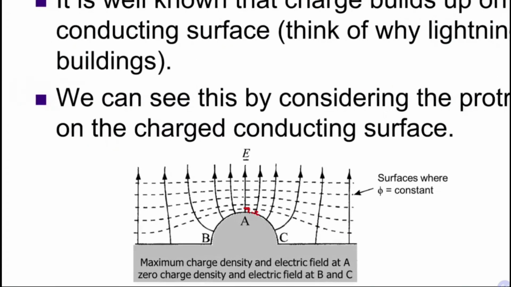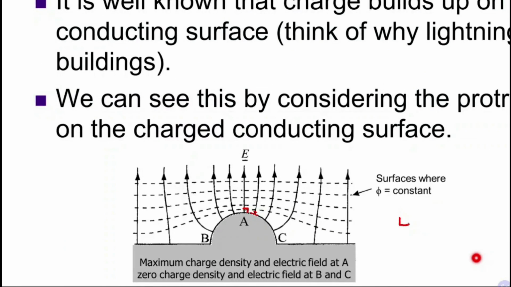And our electric field on a conducting surface will be equal to the charge density over epsilon naught. From this diagram you can tell that the electric field is higher because it has to be perpendicular to the surface, so the electric field is all squashed towards the protruding area.